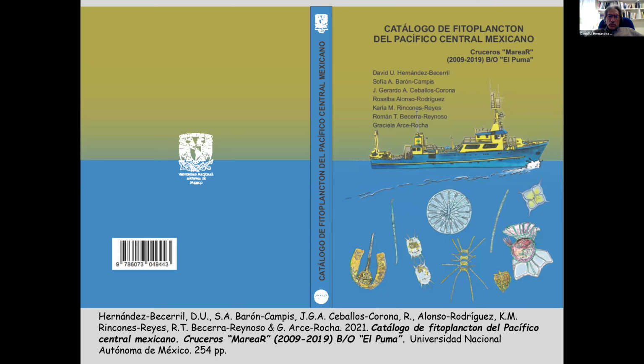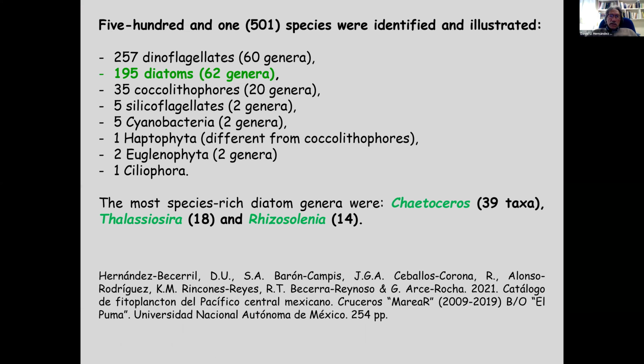About 4 years ago, we published this sort of catalog of phytoplankton of the central Mexican Pacific, which includes dinoflagellates, diatoms, and some other phytoplankton species. It includes 501 species identified and illustrated, with 257 dinoflagellates.